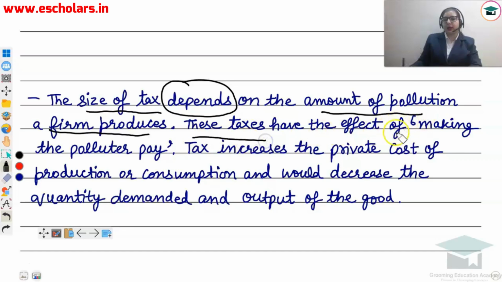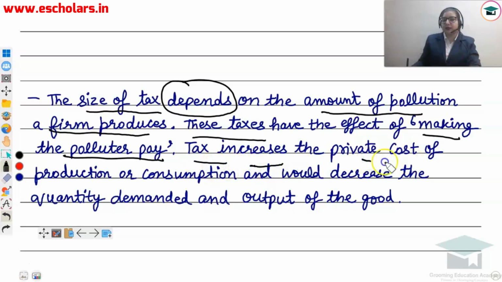These taxes have the effect of making the polluter pay, right? So through pollution taxes, whatever cost is created by the firm due to the pollution is borne by the firm itself, that is the polluter itself. So these taxes are based on the effect of making the polluter pay.